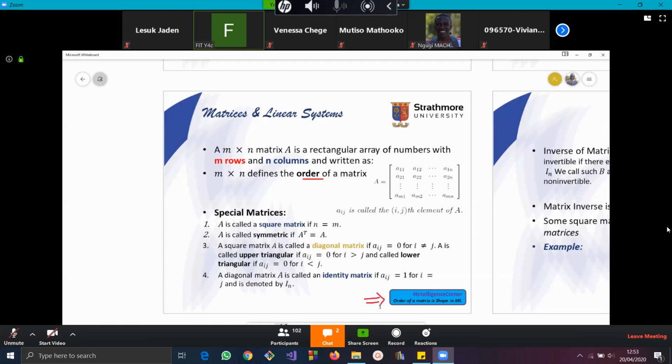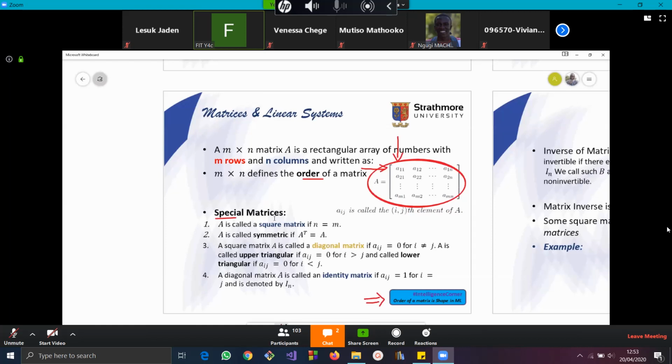It's highlighted down here. So this is matrix A; it has rows and columns and elements in it. Aij is called the ijth element of A. These are the rows going that way, and these are the columns going this way.